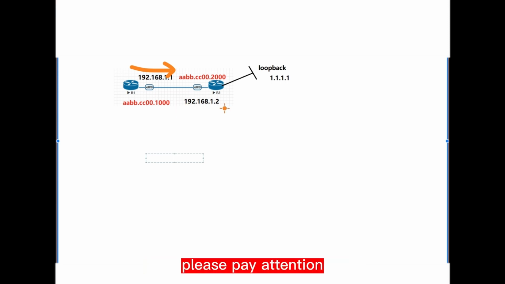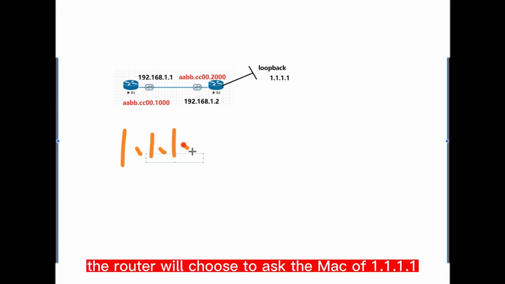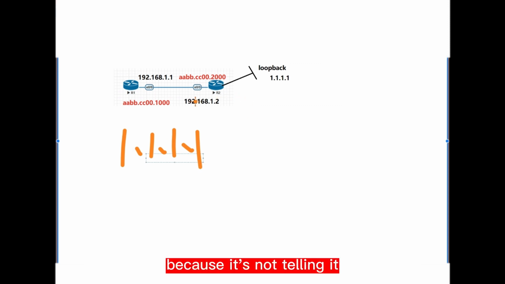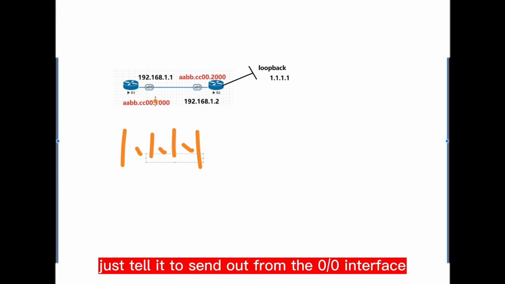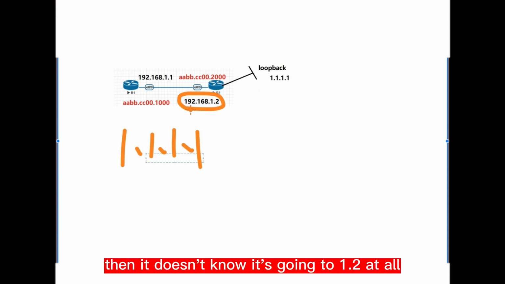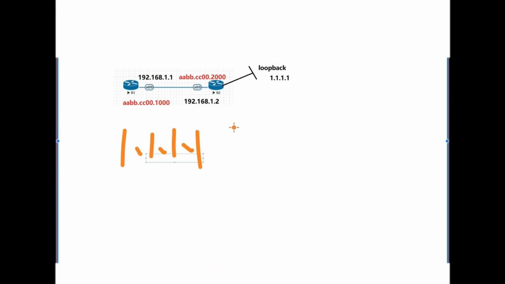Please pay attention. If there is no next hop, the router will choose to ask the MAC of 1.1.1.1. Because it's not telling it to go to 1.1 now, the next hop to go 1.2, just tell it to send out from the E0/0 interface. Then it doesn't know it's going to 1.2 at all. So when it goes to ask the MAC, it will not ask 1.2 MAC.